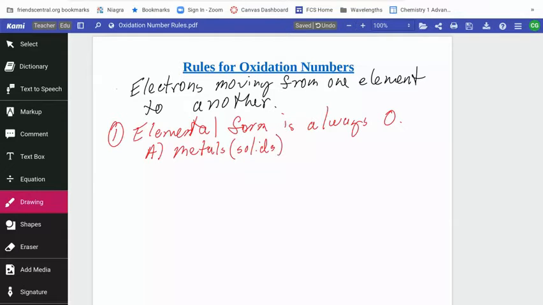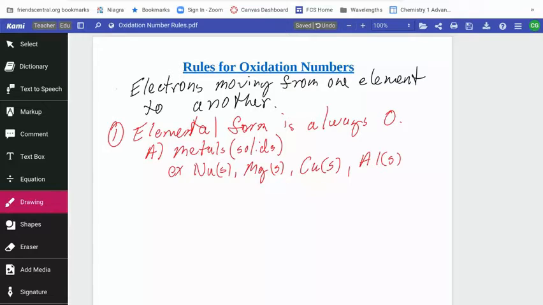So for example, when you have something like sodium as a solid, or magnesium as a solid, or even a transition metal such as copper as a solid, and even something towards the right side of the periodic table, which is aluminum, which is a solid.